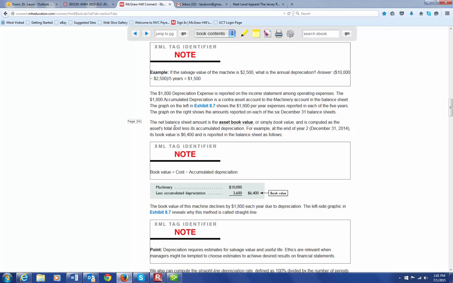So the net balance sheet amount is the asset's book value. So in order to determine the book value of this particular piece of machinery, you take the original cost of the machinery that you posted, $10,000, less accumulated depreciation at a particular point in time. And so the book value on this particular date of this machinery would be $6,400.